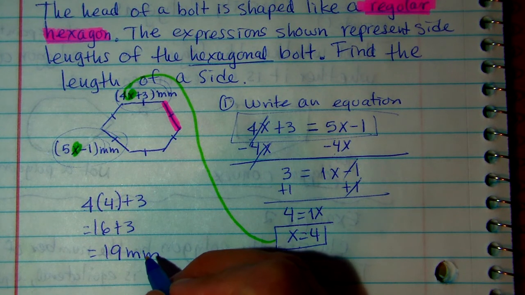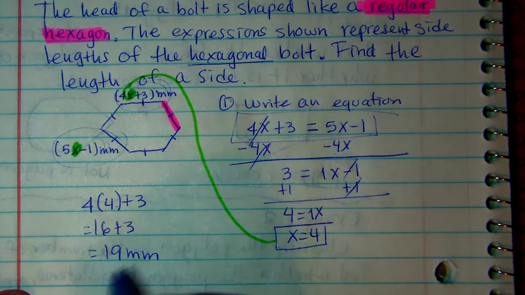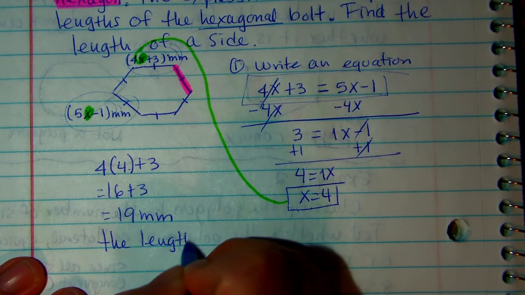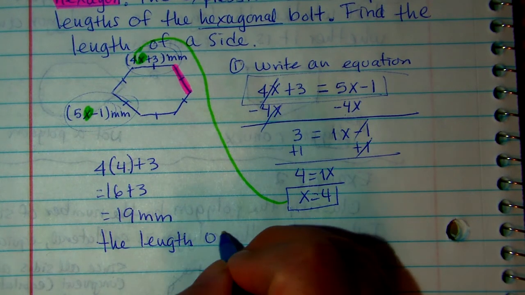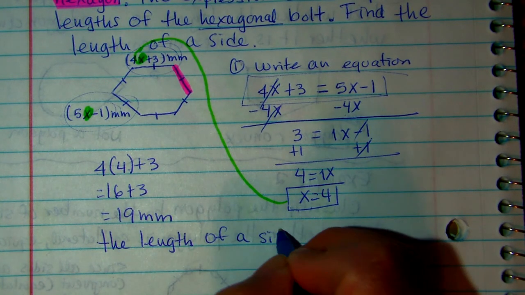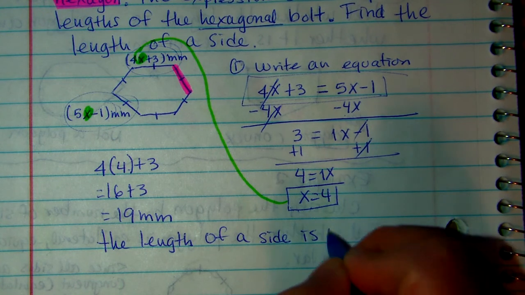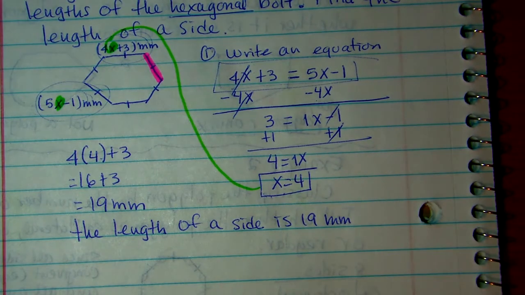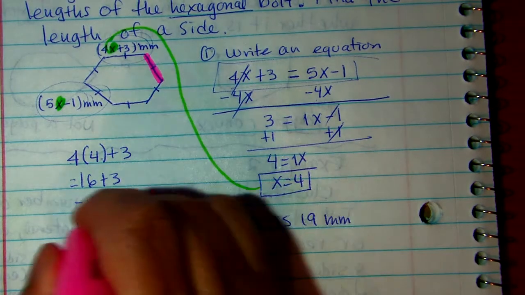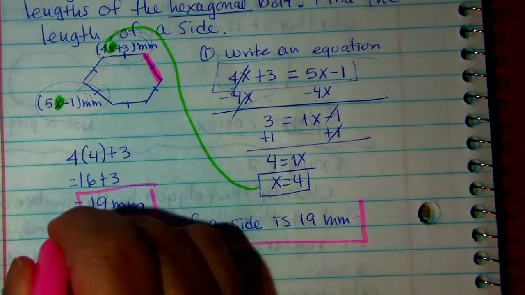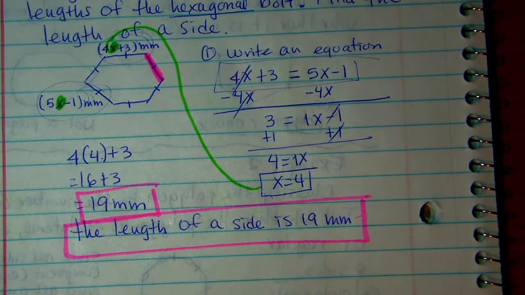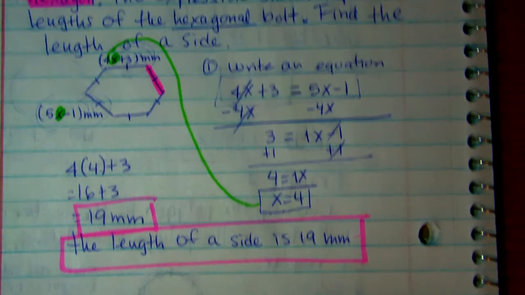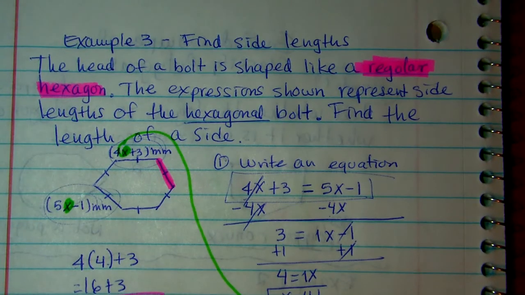So to answer the question, the length of a side is 19 millimeters. And this is the answer. Okay. This will be your answer. All right. So this is example number 3.